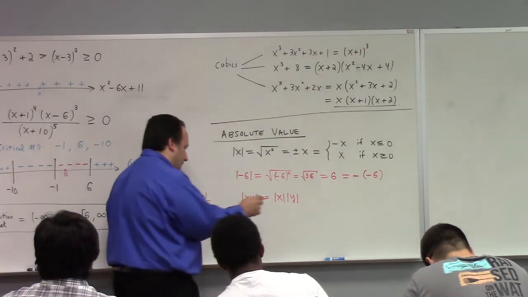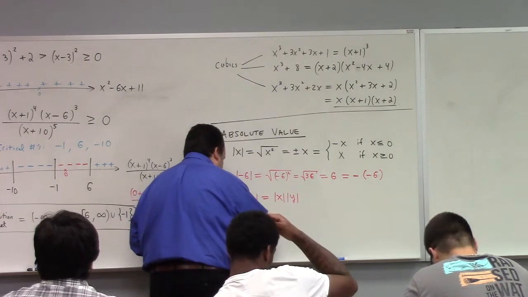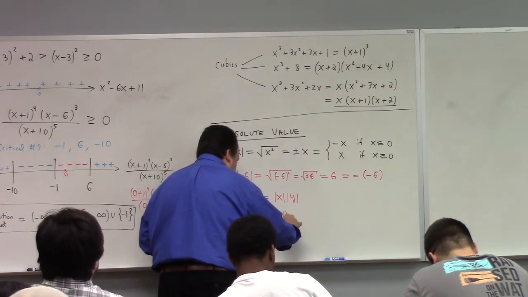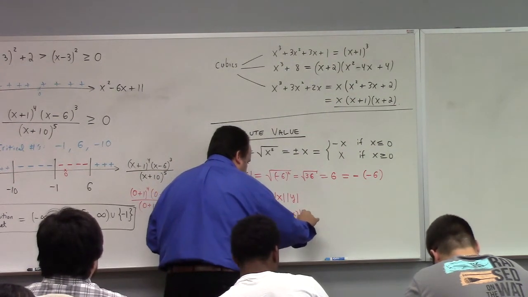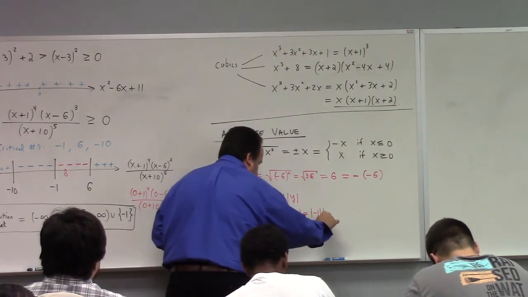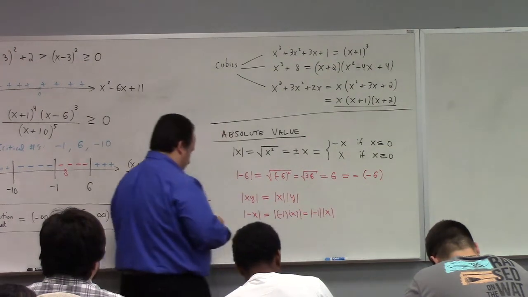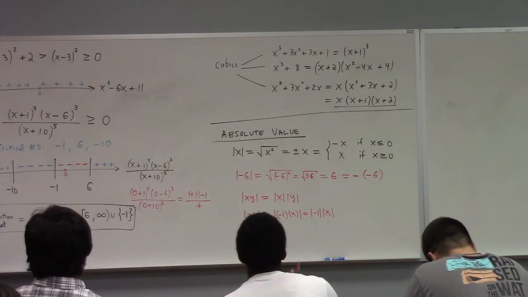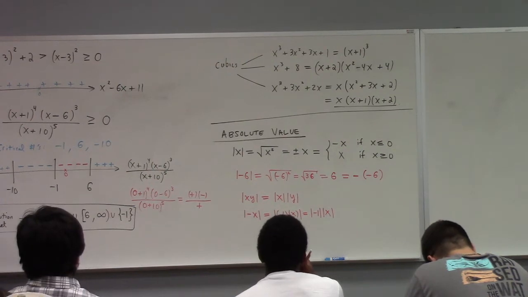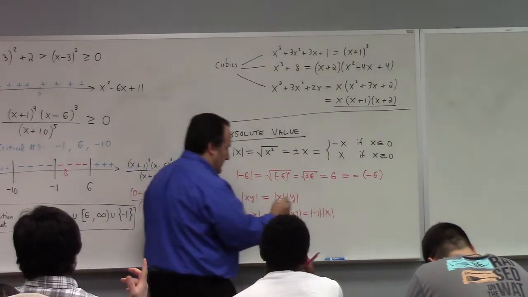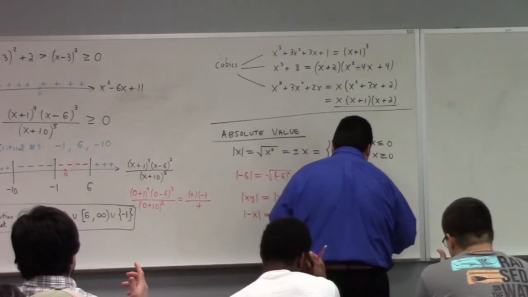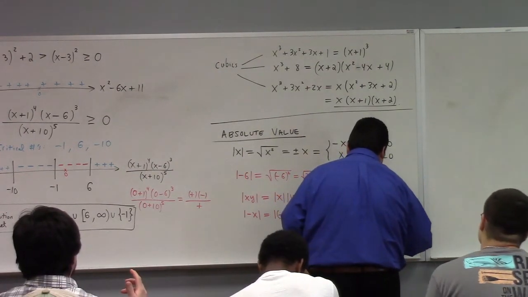If we know this, we can derive something else pretty easily. The absolute value of minus x is the absolute value of minus 1 times x, which is the absolute value of minus 1 times the absolute value of x. What is the absolute value of minus 1? It's 1. So that's just the absolute value of x. Therefore, the absolute value of minus x is equal to the absolute value of x.